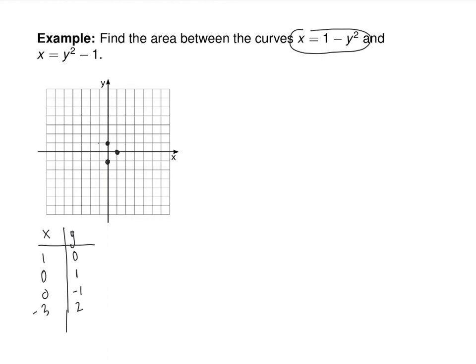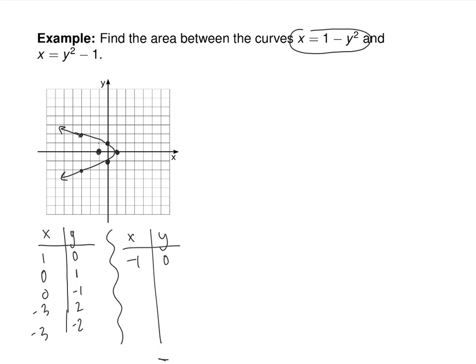So back 3 up 2. And if I were to input -2, I would also get out -3 for x. So back 3 down 2. All right, now for the other curve, if I input 0 for y, I get -1.